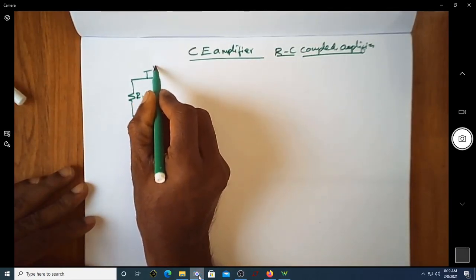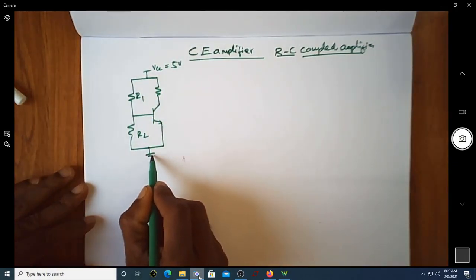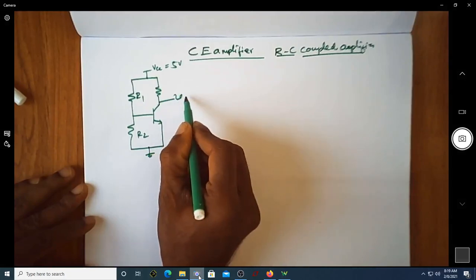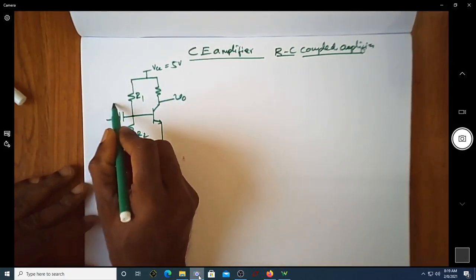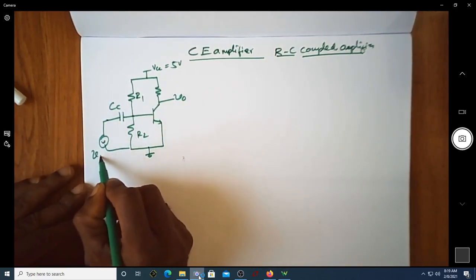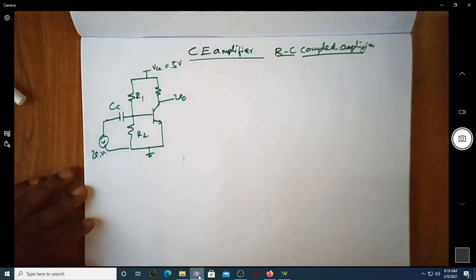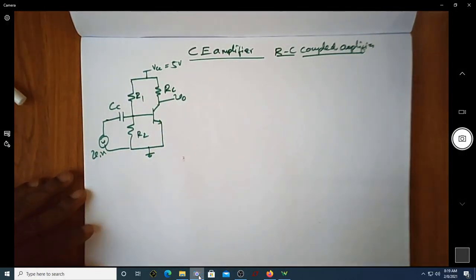So this is VCC, which is usually 5 volt we are connecting. This is ground. Here we'll measure the output voltage. This is the coupling capacitor. Here this is the input voltage, and of course this is the collector resistance RC.